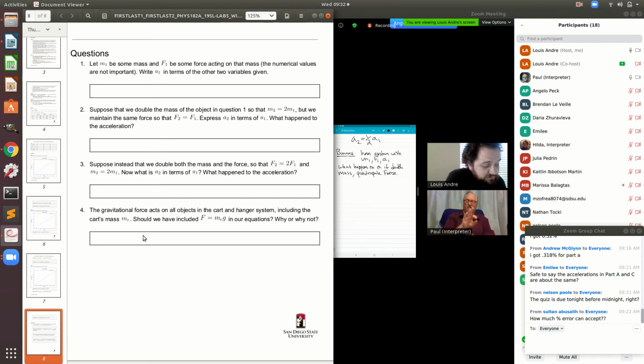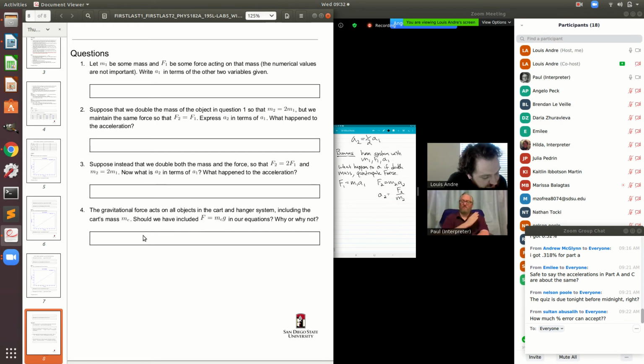What happens to A if I double the mass and quadruple the force? So my old system is F1 equals M1 A1. My new system is going to be some new force, some new mass, some new acceleration, right? So I can say my new acceleration is going to be some new force over some new mass. But I've already said that I double the mass and I quadruple the force.